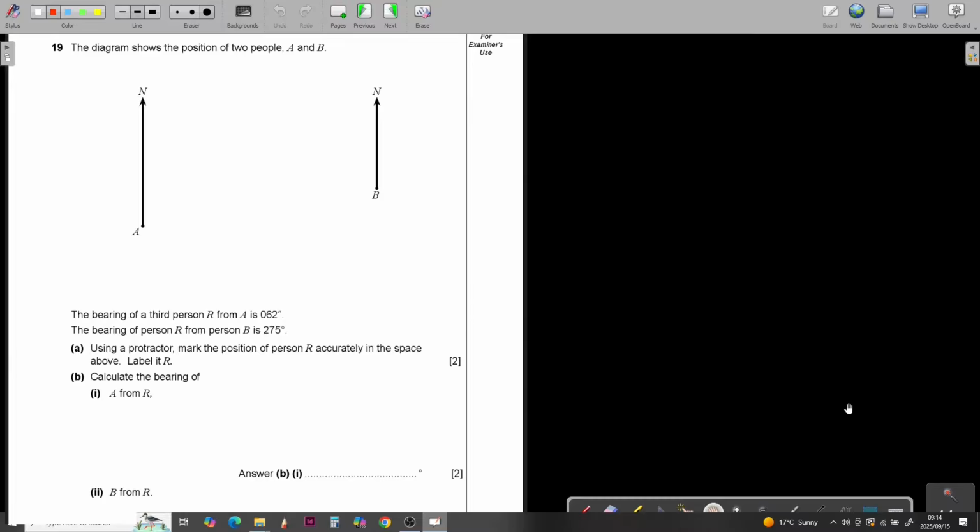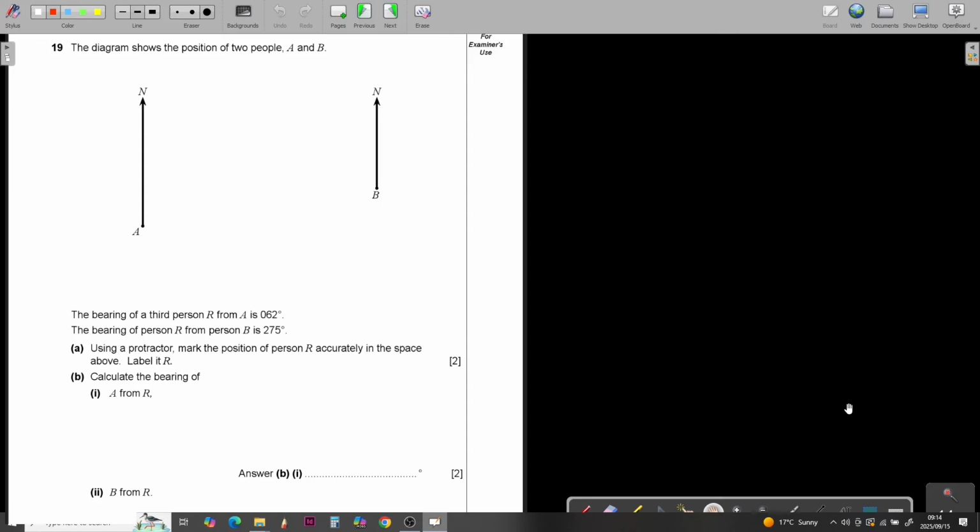Question number 19. The diagram shows the position of 2 people, A and B. The bearing of a third person R from A is 062. The bearing of person R from person B is 275.